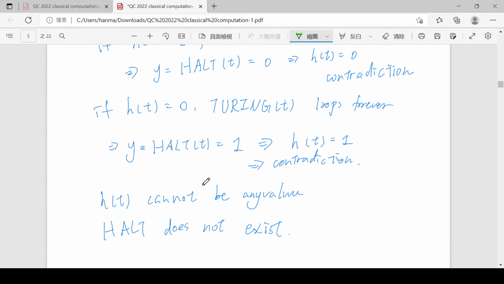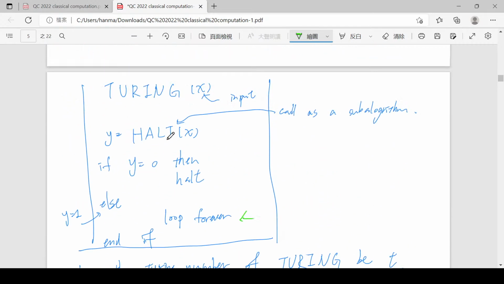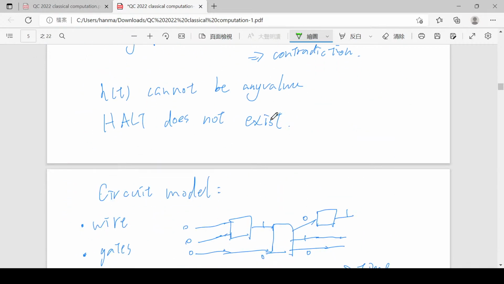So h of t cannot be any value because it's either 0 or 1, but it's not 0 and it's not 1. And the only conclusion we can have is that this hold of x is actually not possible. So there is no Turing machine, or more generally no algorithm, that computes whether an algorithm holds for all algorithms.